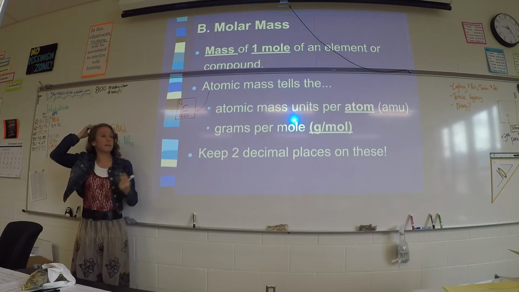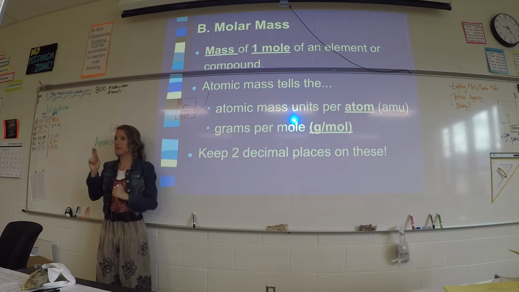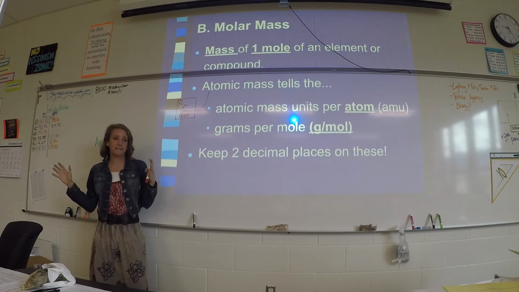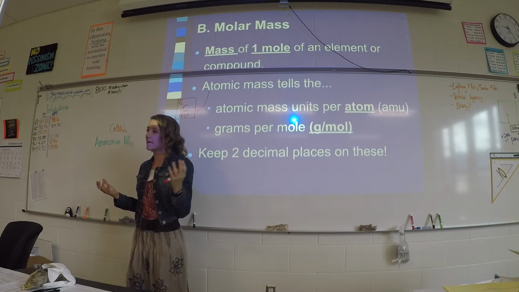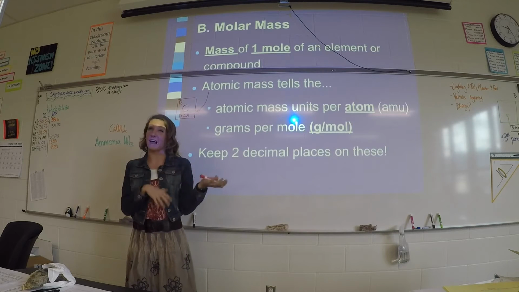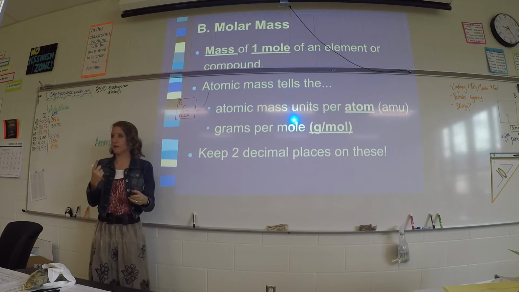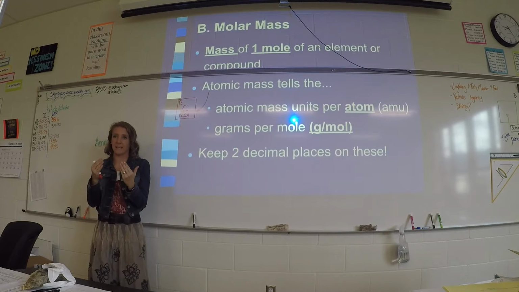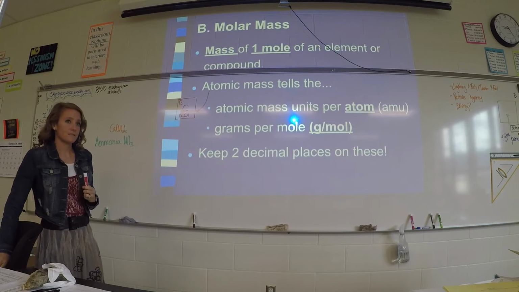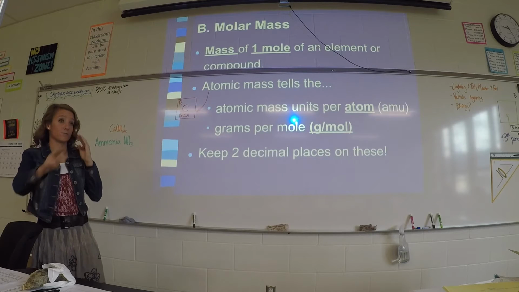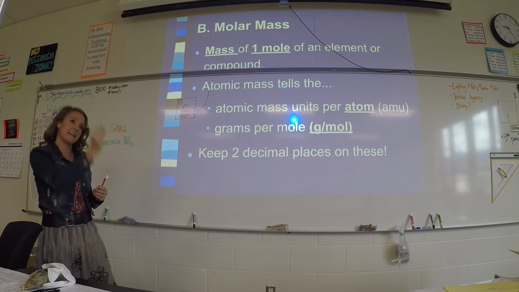The way that we're going to do it is I want you to keep 2 decimal places, just out of formality, because depending on what periodic table you look at, sometimes it has more or fewer decimal places. So we're just going to always round to 2 every single time, so that hopefully we're all the same. Just ignoring sig figs then? Well, you're going to always round it, don't just take 2.